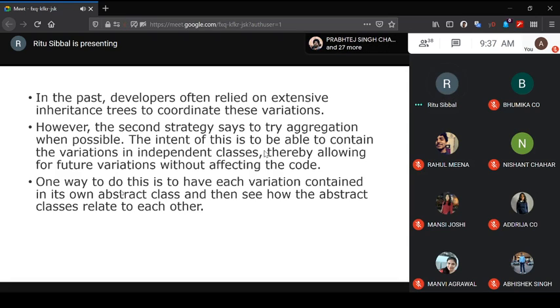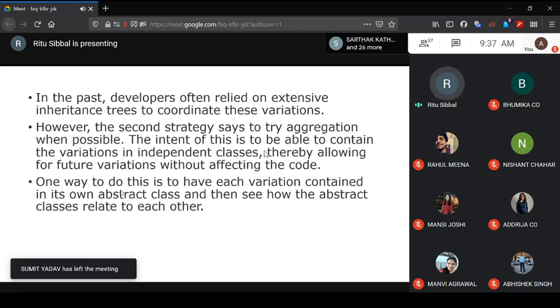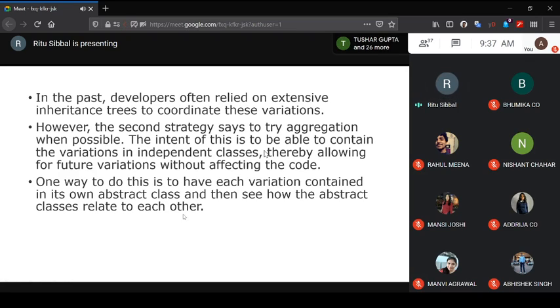The intent is that variations in independent classes are handled or contained in themselves. So we will make independent units, and they will handle their own variations, and they will get related to each other. Then we will relate these abstract classes through aggregation. In a procedural language we would make modules, but here we will make some blocks which will have abstract classes and concrete classes.